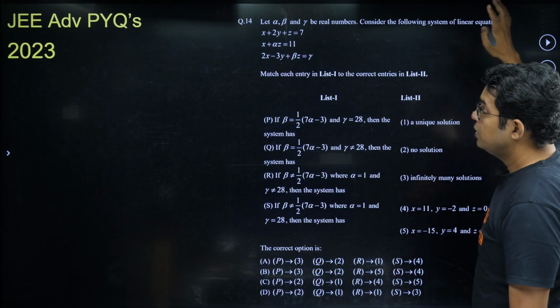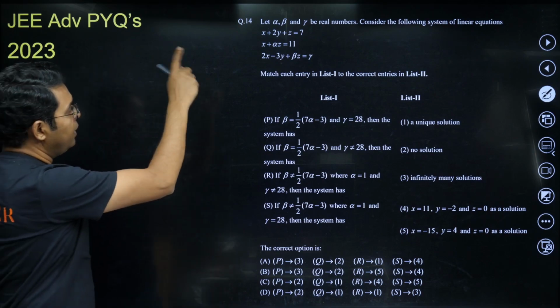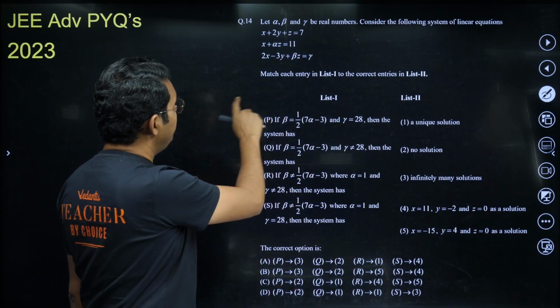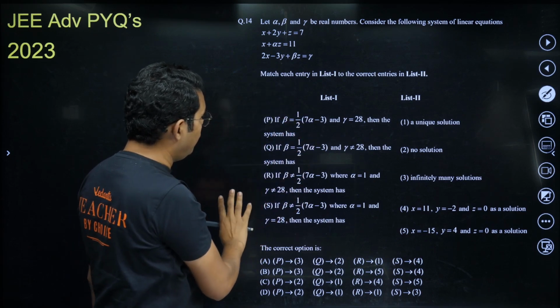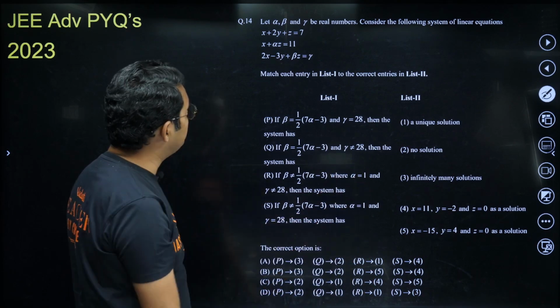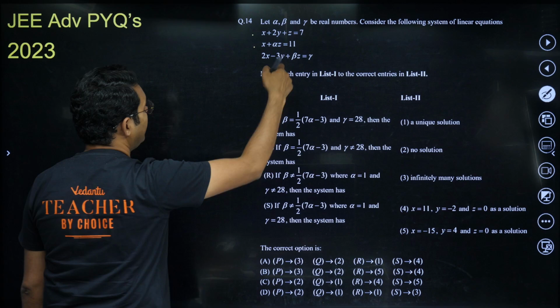Last question, 2023. I think one more question after that. Alpha, beta, gamma are real numbers. Consider the following system. Match each entry to the correct option. Again, you have to find for which relation of beta with alpha there is a unique, no, or infinitely many solutions, and as the solution. So once again, I'll do the same thing. Multiply this by P, this by Q, and equate.